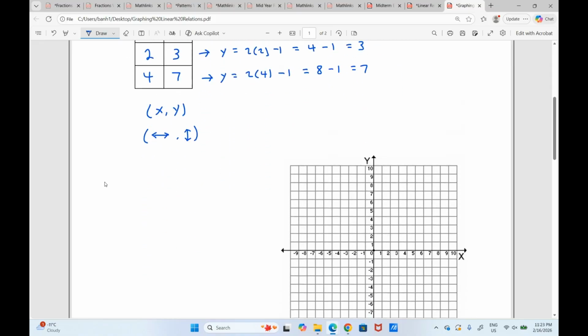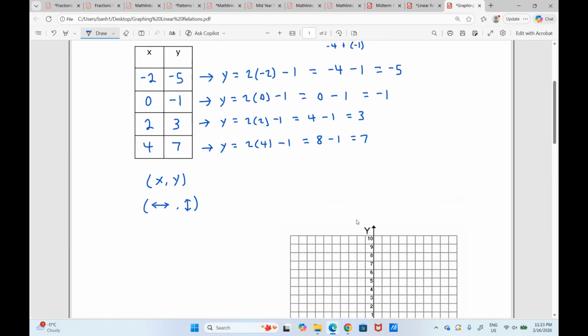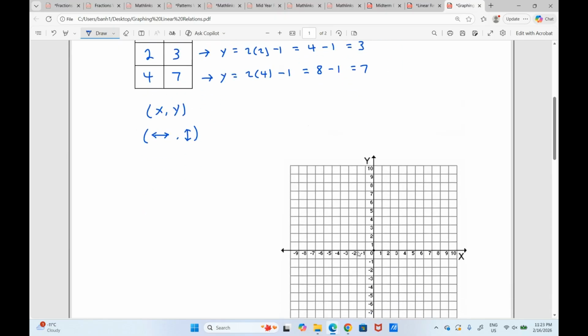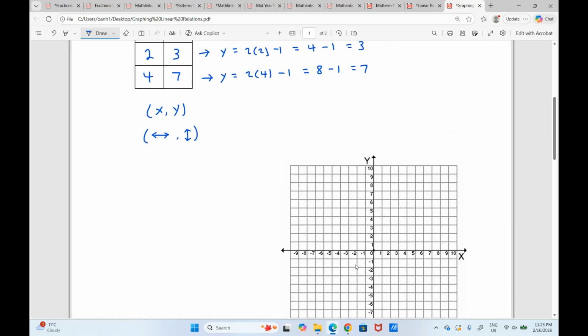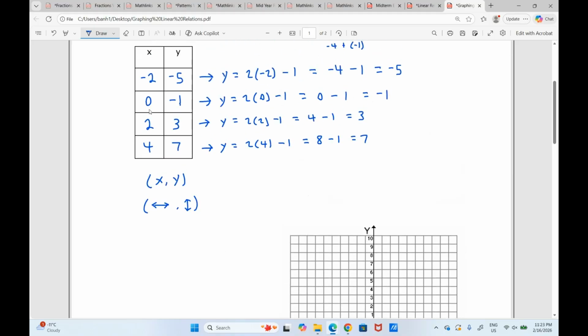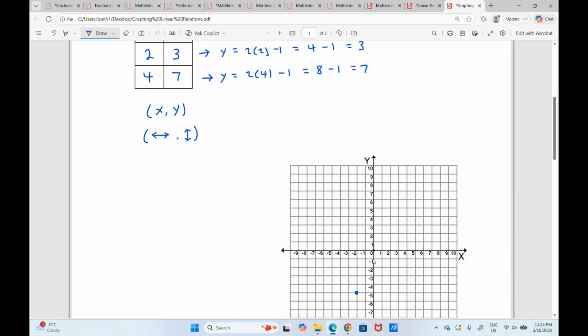Okay, let's graph this. My first point is -2, because x is -2, so I'm going backwards towards the left. Since y equals -5, it's negative, so I'm going down. My first point should be right here. My next point is 0, so because x is 0, I'm not going left or right. I just stay on the y-axis, and y is -1, so I go down by 1.